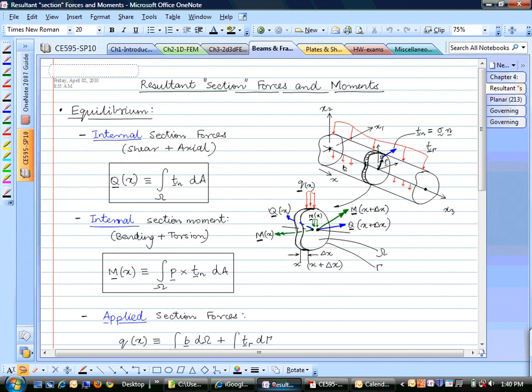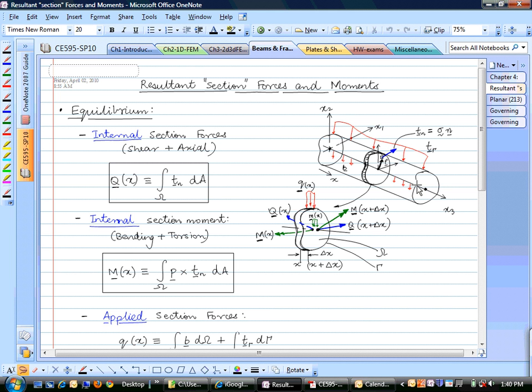So let's begin for today. Let me briefly go over what we were doing last time. We started this theory, beam theory, and we talked about what the kinematic assumptions are. So basically, if you have a beam that you're trying to analyze, the way that we have been doing till now is discretize the whole domain with finite elements.